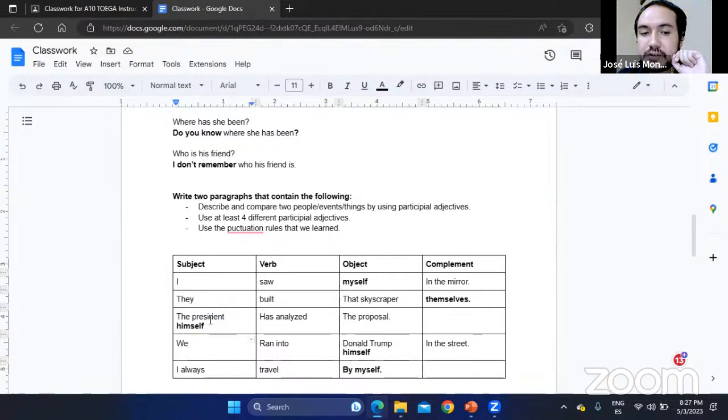Okay, so emphasis here on the president, and here emphasis on Donald Trump. And here I always travel by myself. It's something that I usually do. It's not different, not impressive. I'm just saying that I do it without any type of company, right? No one is accompanying me. No one is there with me. I'm alone, right? So those are the four types.